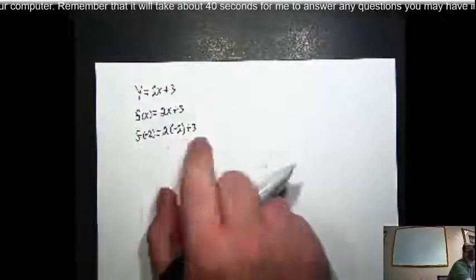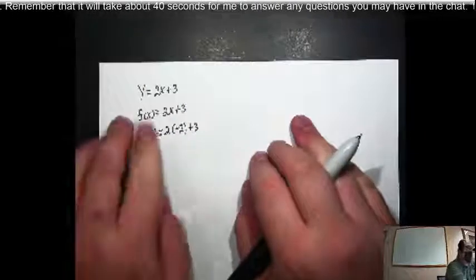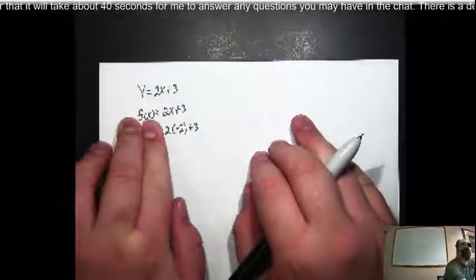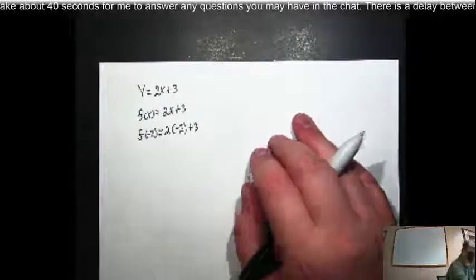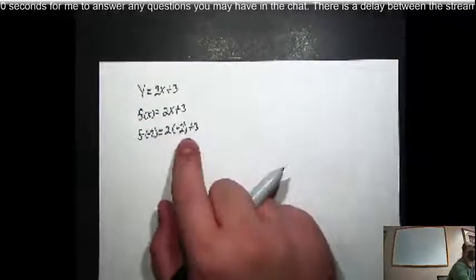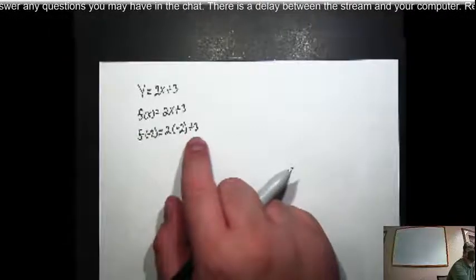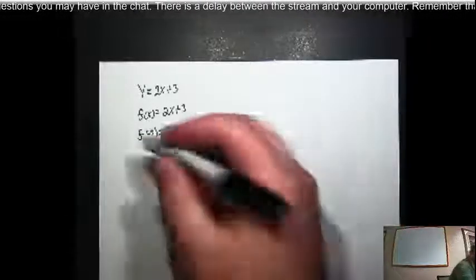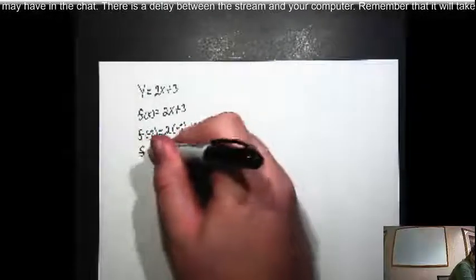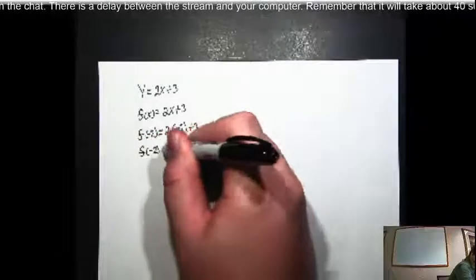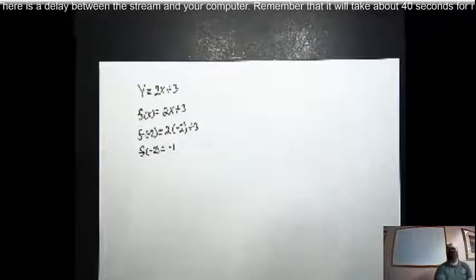And we go ahead and figure out what this represents. Of course, really what we have here now is just an expression that we need to simplify. So 2 times negative 2 is negative 4, and then negative 4 plus 3 is negative 1. So f of negative 2 is negative 1.